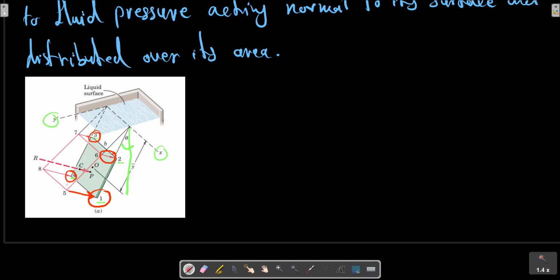The variation of pressure p over the area of the plate is governed by the linear depth relation, and therefore it is represented by the arrow p resultant shown in this picture.